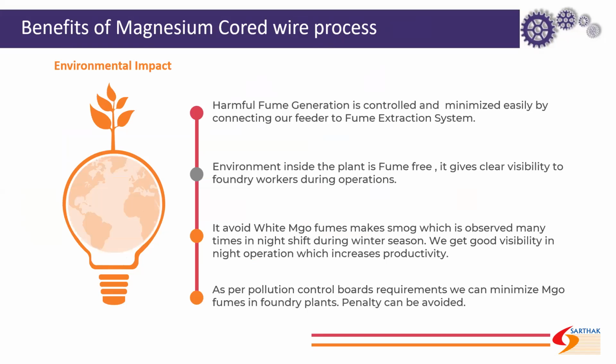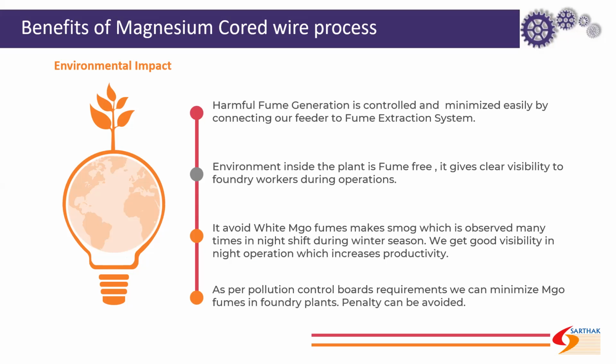So, benefits of the magnesium cored wire. The environmental impact: harmful fume generation is controlled and minimized easily by connecting our feeder to the fume extraction system. Secondly, the environment inside the plant is fume free. It gives clear visibility to foundry workers during operations.